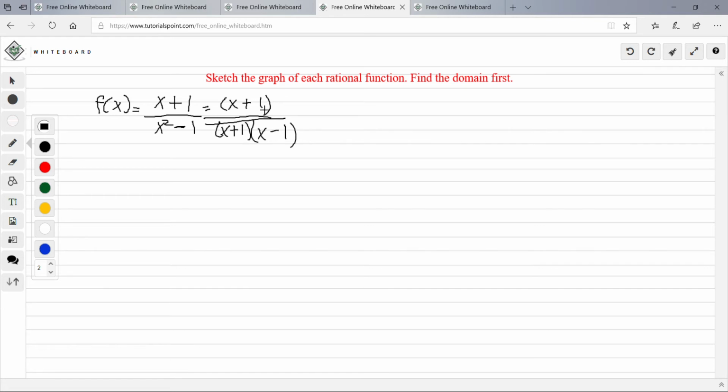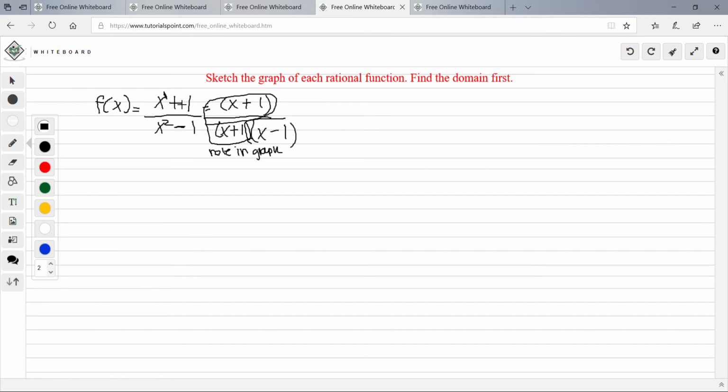Let's look here. Remember, if something cancels, like this x plus 1 and x plus 1, that means you're going to have a hole in the graph. Now let's look at the degree. We have a 1 here, and a 2 here.